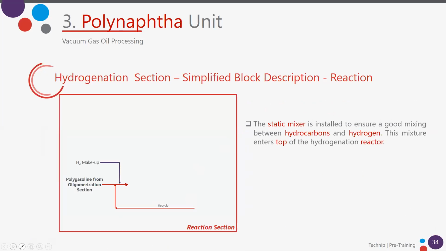The static mixer is installed to ensure good mixing between hydrocarbons and hydrogen. We mix the hydrogen with the feedstock and this recycle, and then we go to the hydrogenation reactor.